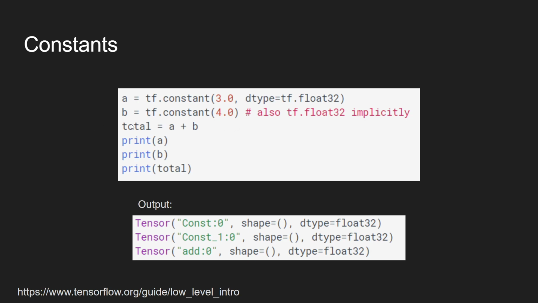Then I take total, this object, and I say total equals A plus B, and I print everything. However, because we didn't do a session or anything, the outputs are not actually 3, 4, and 7. Instead, we have these objects that are just representing things that are there: a constant, another constant, and an add operation, which is that total.